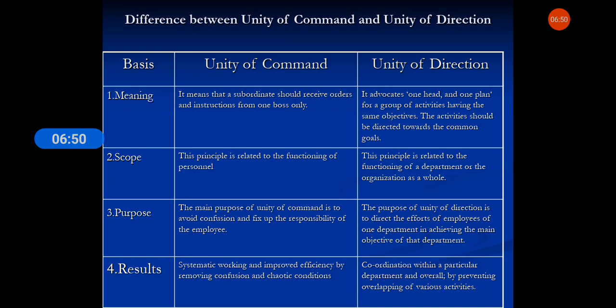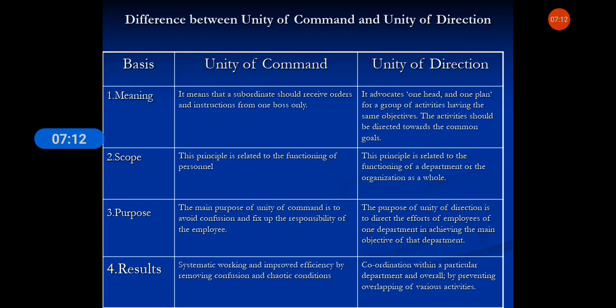The next point of difference is scope. Unity of command is related to the functioning of personnel, whereas unity of direction is related to the functioning of a department or the organization as a whole. Third point of difference is purpose.